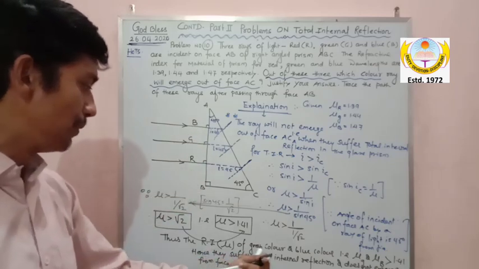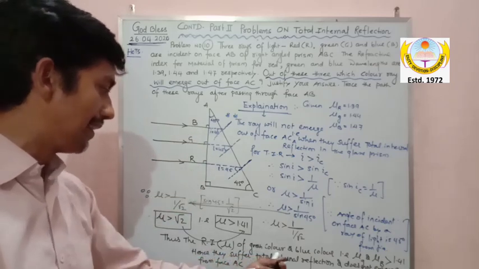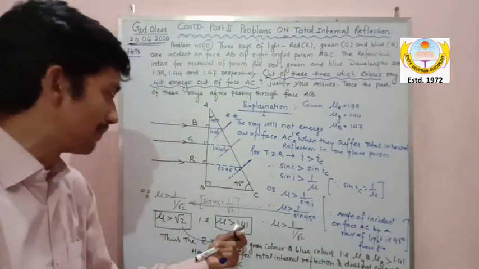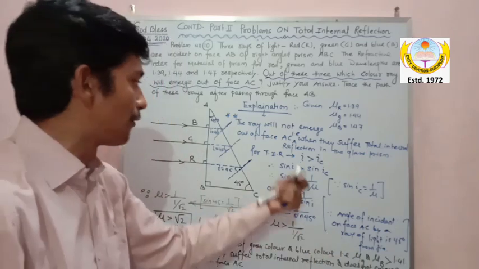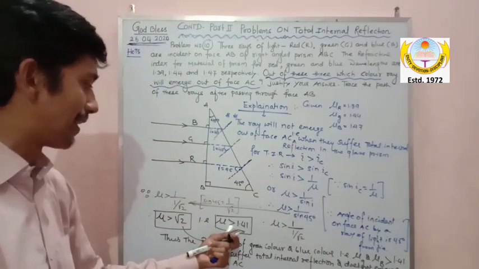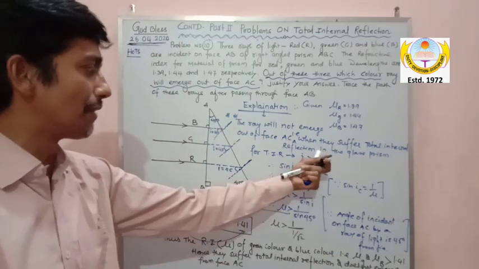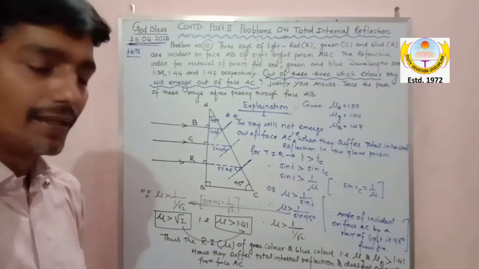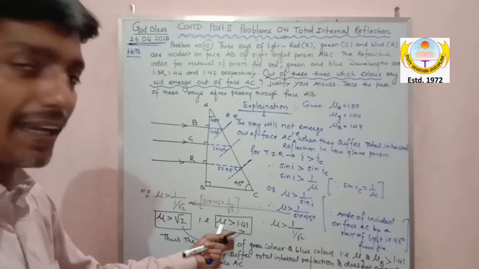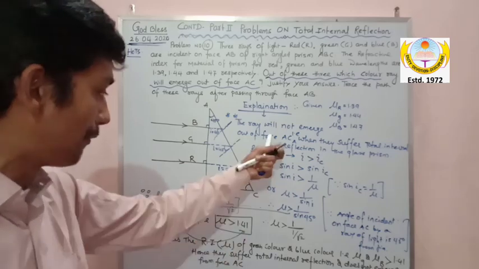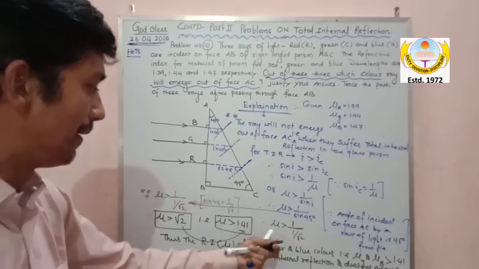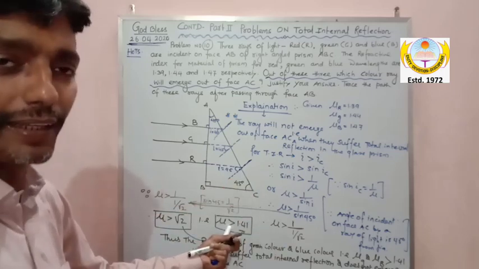So the RI of green color and blue color, that is mu G and mu B, is greater than 1.41. So if it is greater than 1.41, my dear, I said they will suffer the total internal reflection. I prove it. Because light ka RI, if it is greater than 1.41, according to the question, because it is falling at incident angle of 45 degree, so answer is coming mu greater than 1.41.